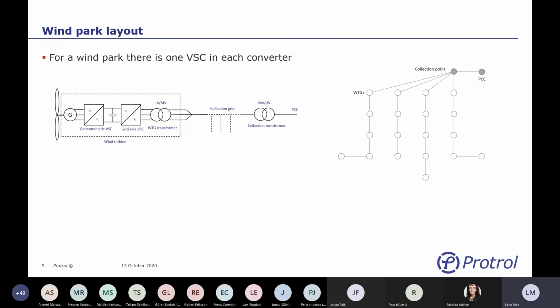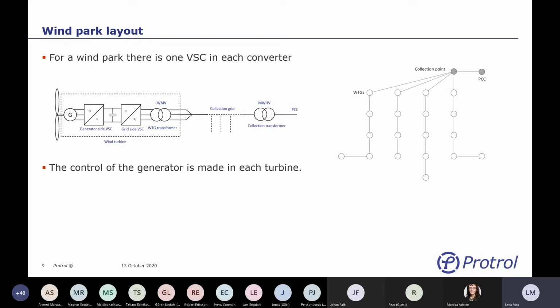In each turbine, there is this voltage source converter, and there is also one transformer in each turbine, and it is connected to a collection grid, typically a cable grid. All these radials are then collected in a collection point where we have one large transformer that is connected to the point of common coupling.